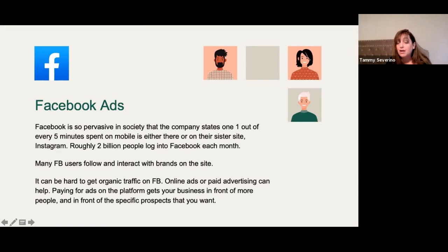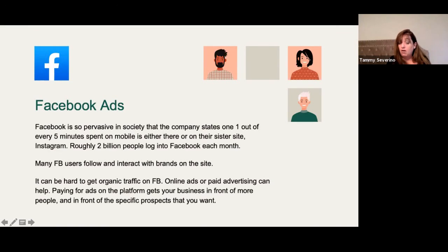It can be very hard to get organic traffic on Facebook unless you have folks who are willing to share in front of their audiences, their friends and their followers. So online ads or paid advertising can absolutely help.